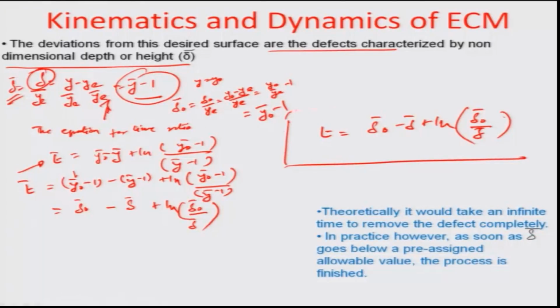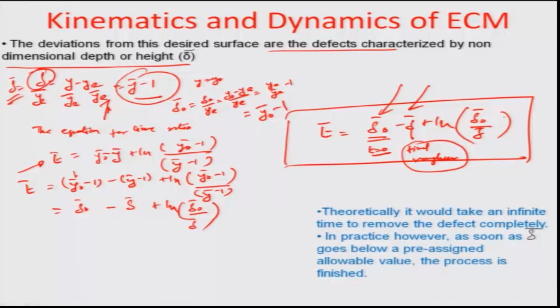This is how the unevenness ratio varies. This is the unevenness at time point equal to 0, and this is the final unevenness or final roughness of the surface. So, the final roughness is obviously a function of t dash, I am sorry, and also a function of the initial roughness delta 0 dash, as illustrated in this particular equation.